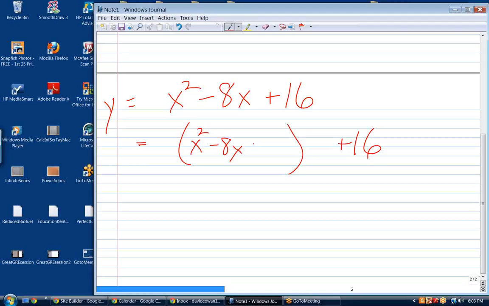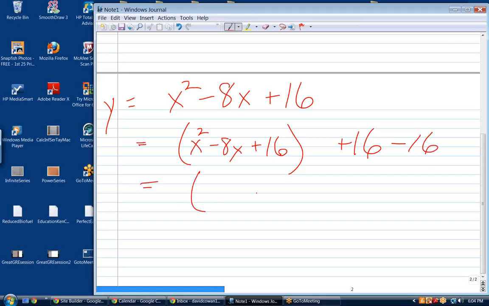And then add it, always add, because even if it's a negative number, by the time you square it, it becomes positive. So it's going to be 16. The moment I wrote that 16 in there, I changed everything, so I have to counterbalance it. So you have to take away 16 on the same side of the equation.